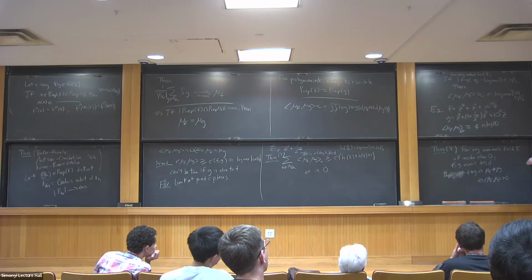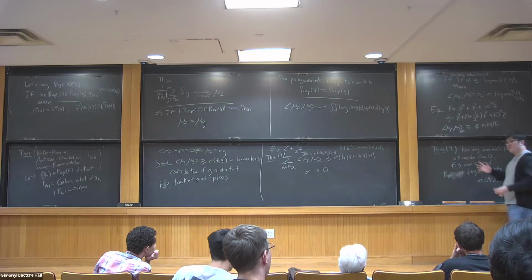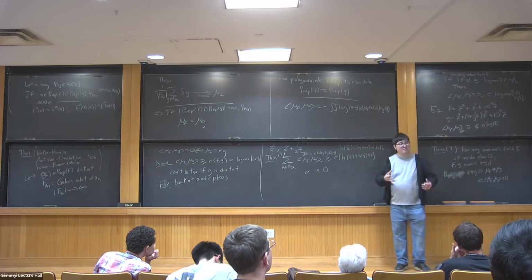So this is just saying that the measure determines the polynomial, even over a non-Archimedean field.